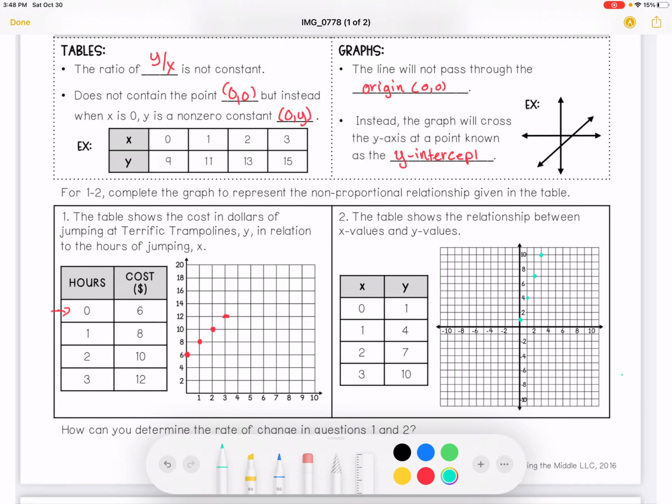Okay, how can you determine the rate of change in questions 1 and 2? So how we determine rate of change now is looking at how much it changes.